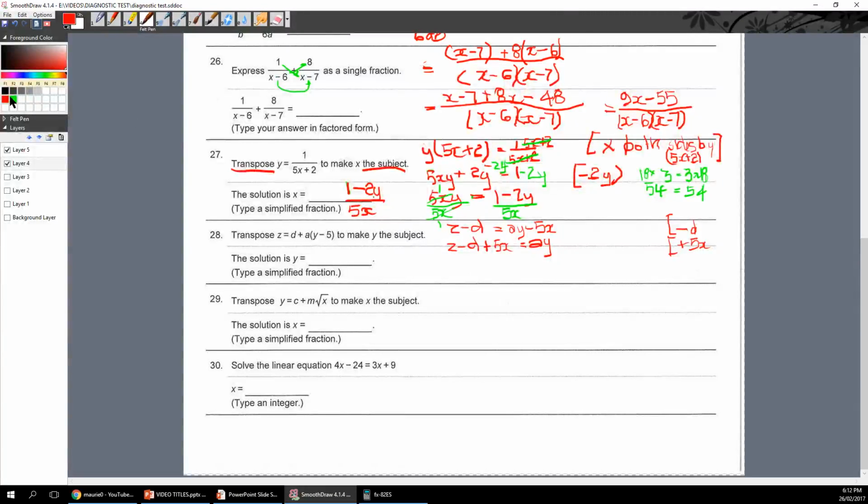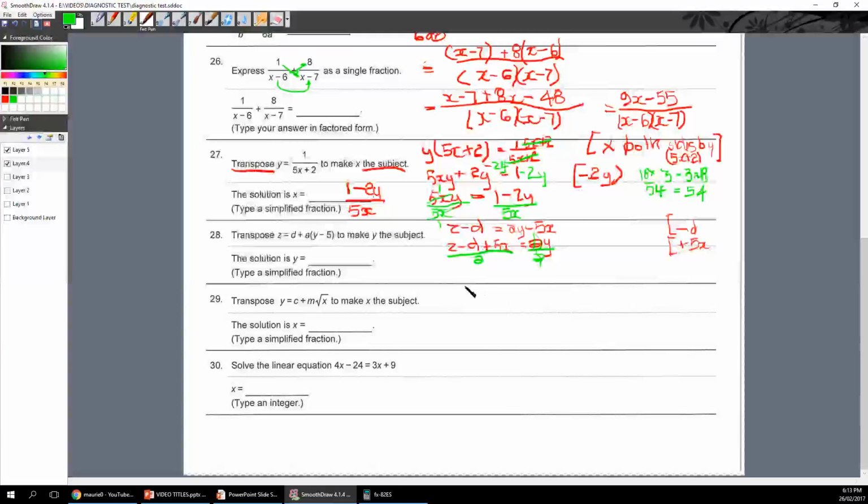Z minus D plus 5x equals AY. I'm going for green. Okay, now, but I want Y on its own. I don't want it with an A. But I know that if I divide by A, that'll cancel out the A, because A divided by A is 1, so that'll give me Y on its own. But what I do to one side, I must do to the other.